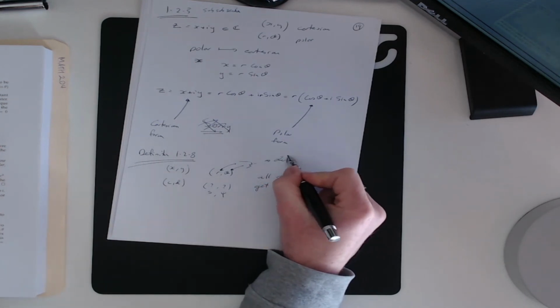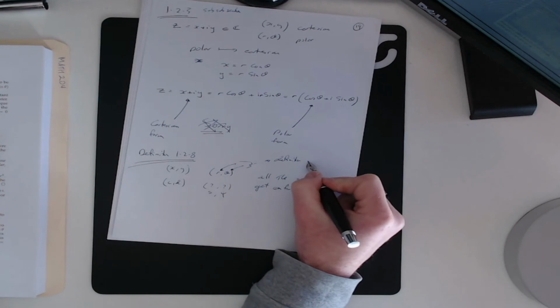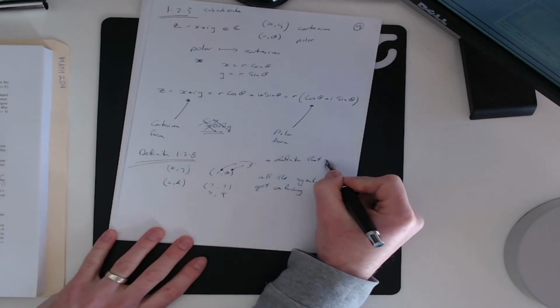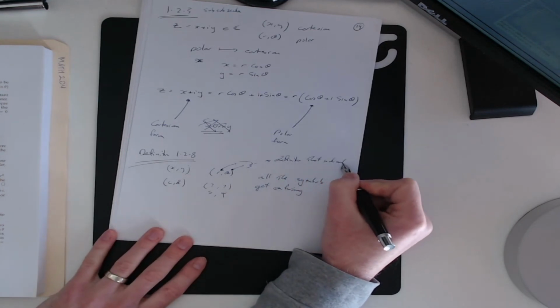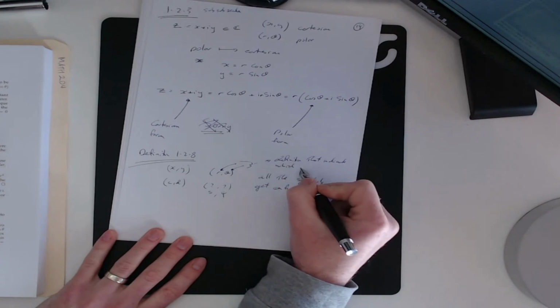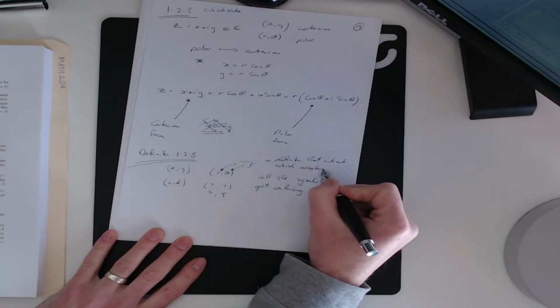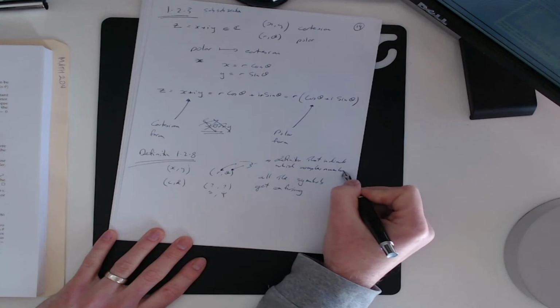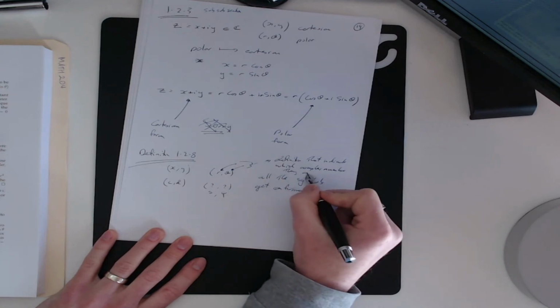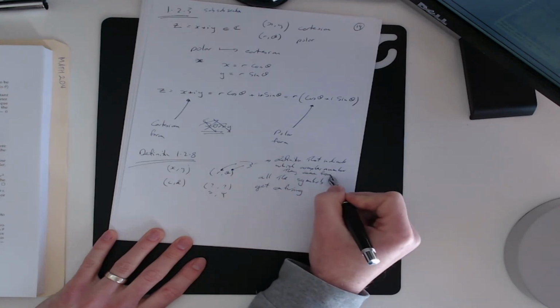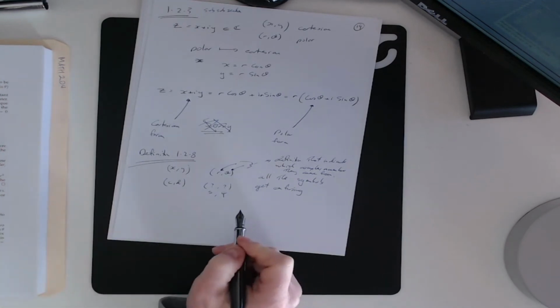So we need definitions that indicate which complex number they came from. And you will see why this is important soon enough.